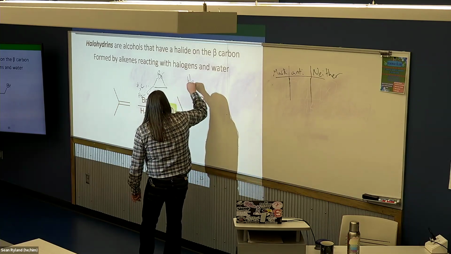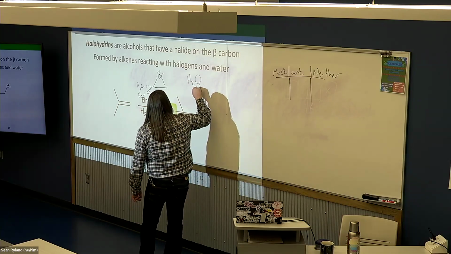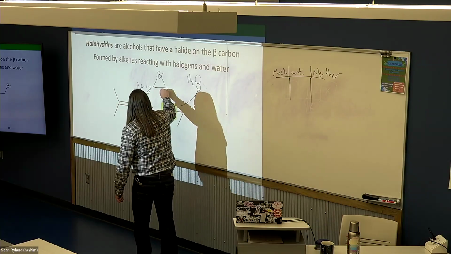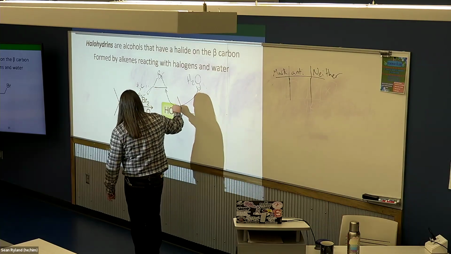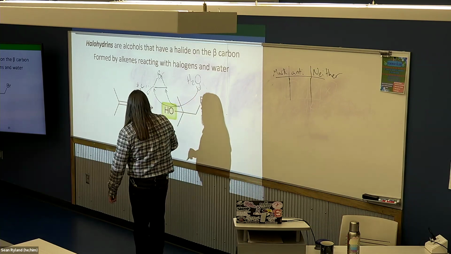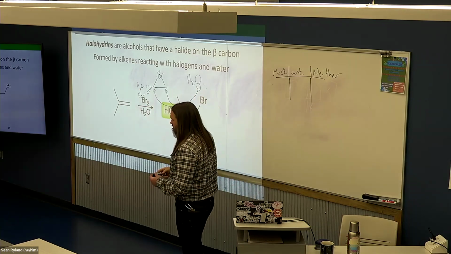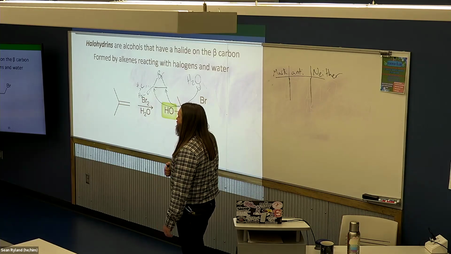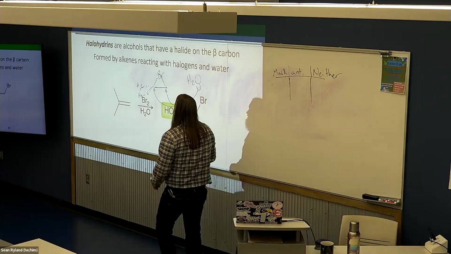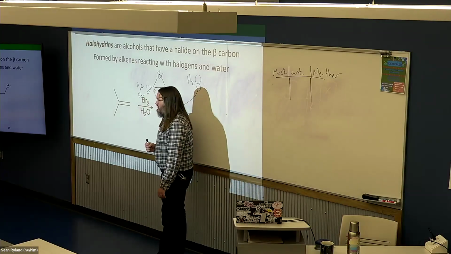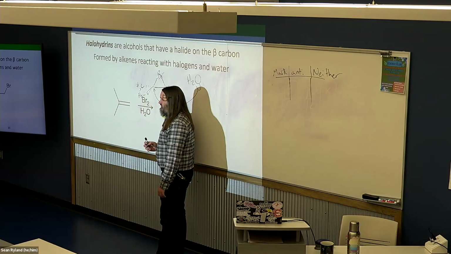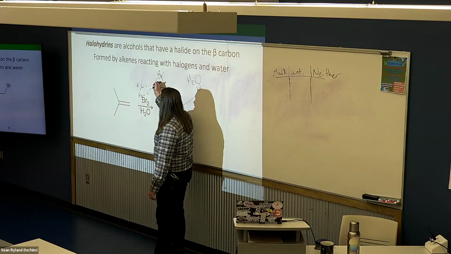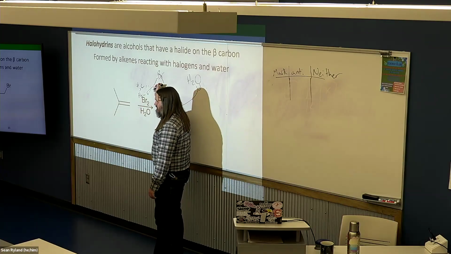Second step is water comes in and it's either going to attach there or there. What did we see when we saw the same type of mechanism with mercury and then water as the nucleophile? The mercury also made the three-sided ring.